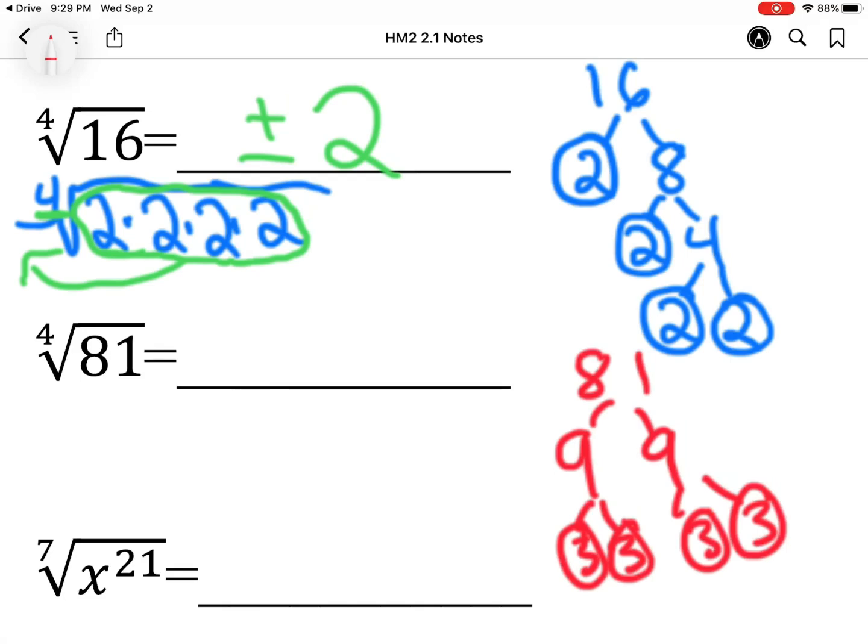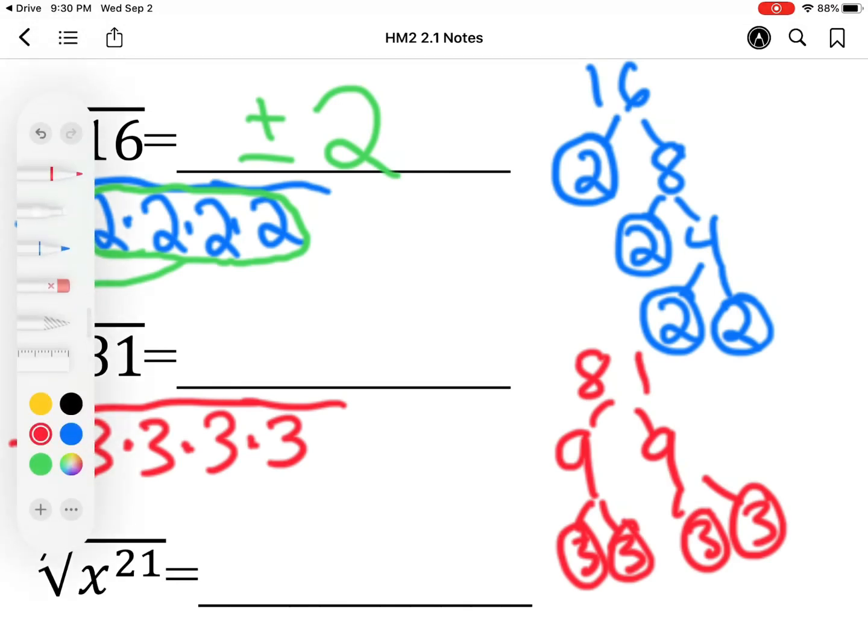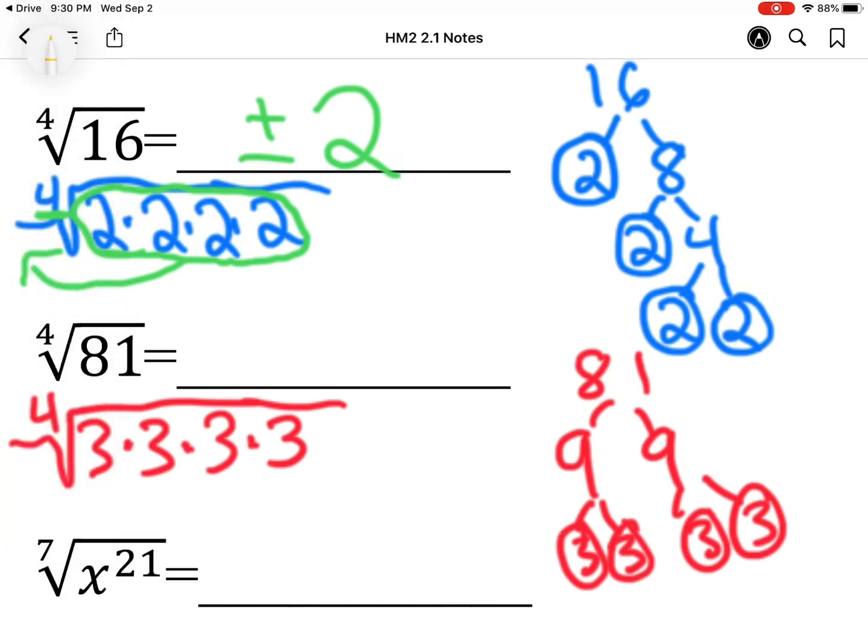And 3 is prime. So this becomes the 4th root of 3 times 3 times 3 times 3. A group of 4 of the same number, so 1, 2, 3, 4, and they move out of the house to become a single 3. And that's always plus and minus.